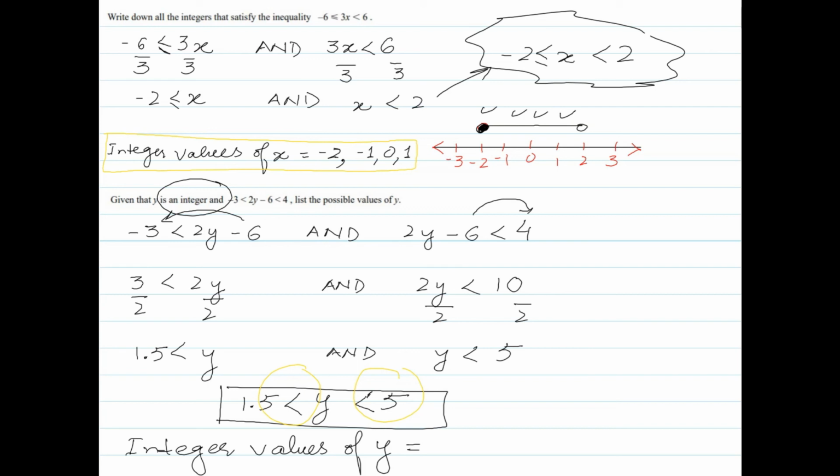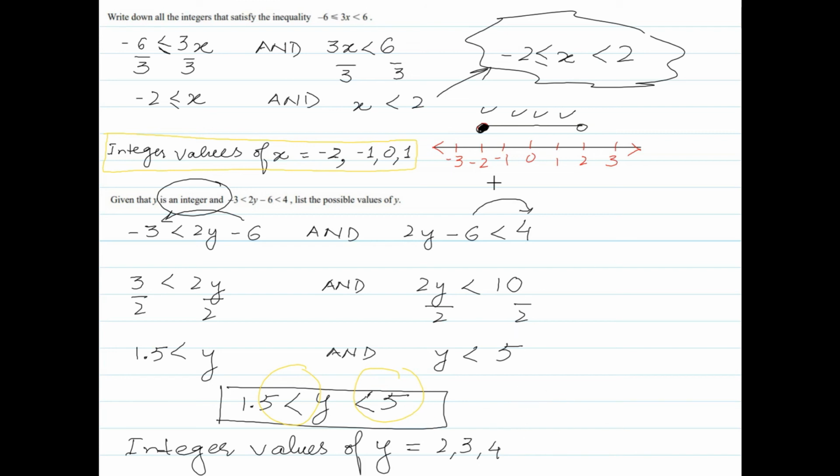There is no equal to sign here. So this means 1.5 and 5 are not included, but all values in between will be. So the first integer value after 1.5 is 2, then 3, then 4. And since 5 is not included, you will not write that.